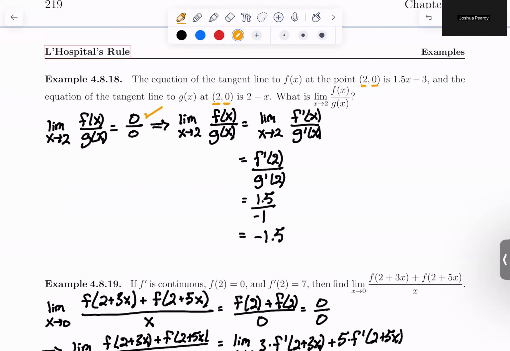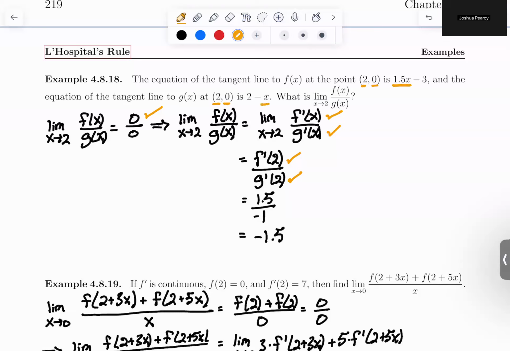So we can say that the limit as x goes to 2 of f of x over g of x is the same as the limit as x goes to 2 of the derivative of f of x over the derivative of g of x. But as x goes to 2, this is actually f prime of 2 over g prime of 2. And since these are tangent lines, we know what the slopes are. So we know what the derivatives are.